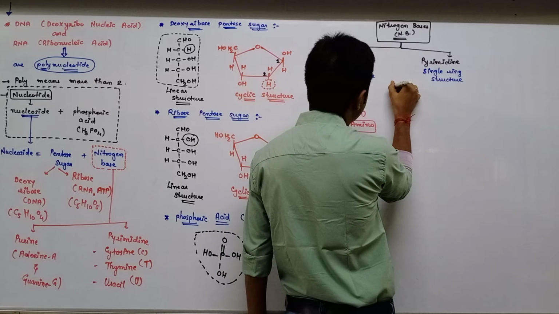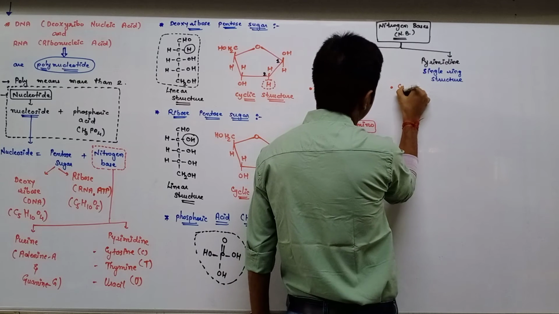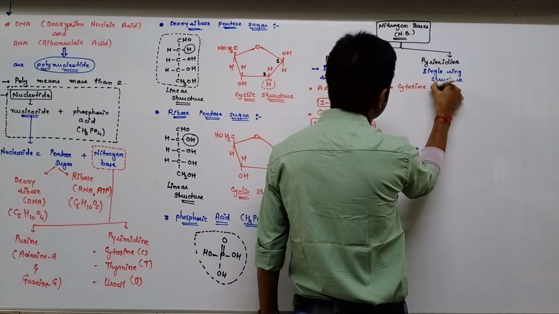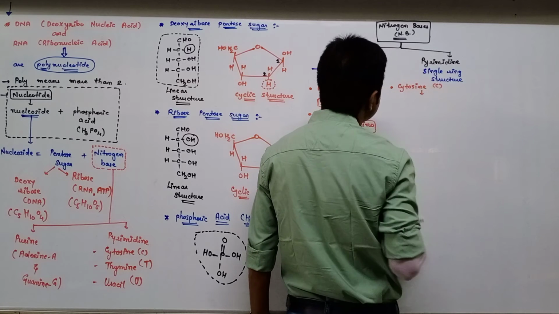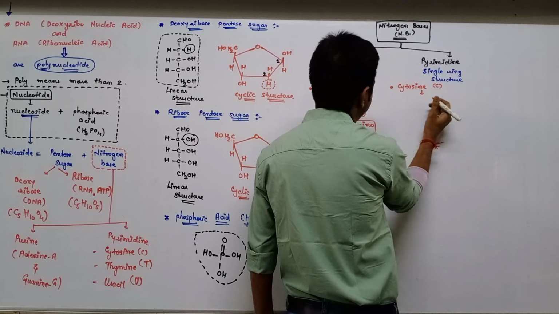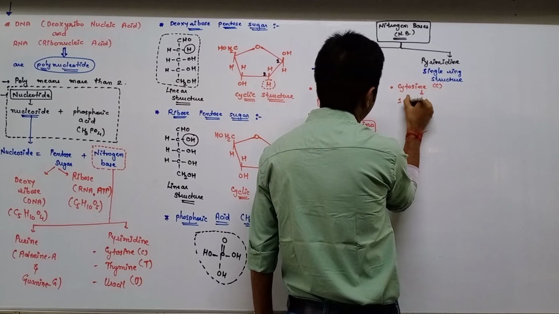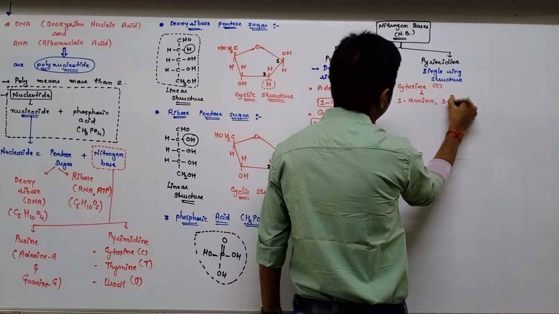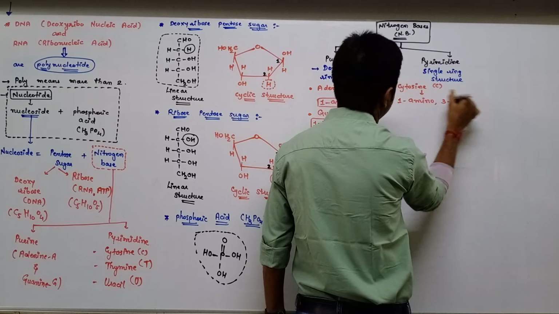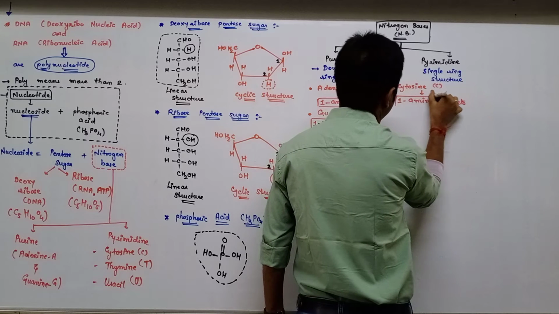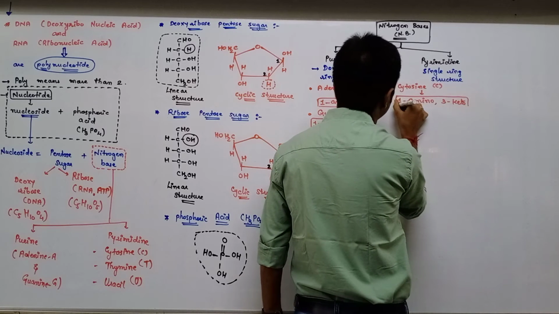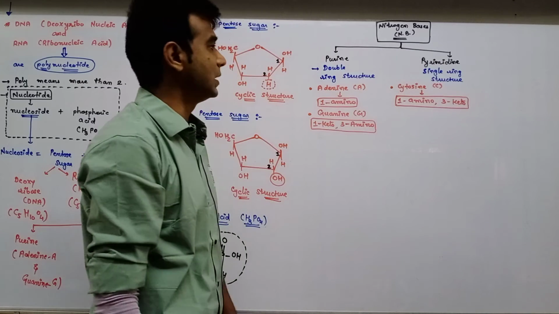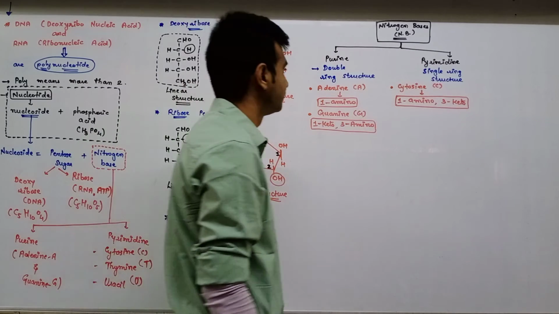Now pyrimidine: in that, cytosine represented by C, code is 1 amino 3 keto.